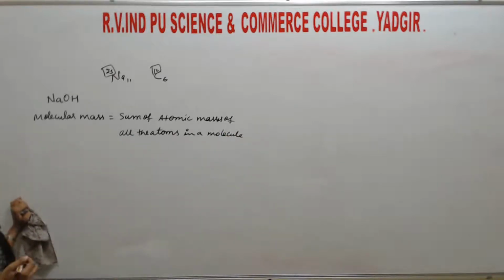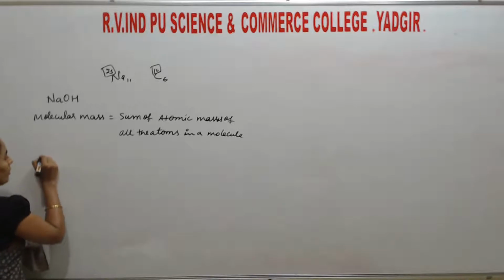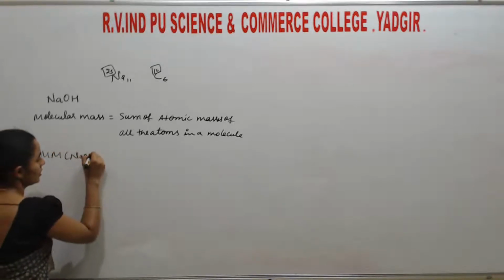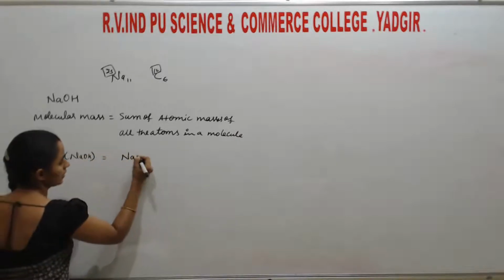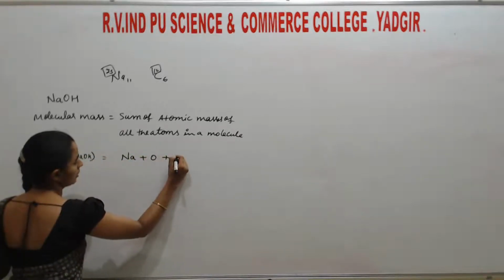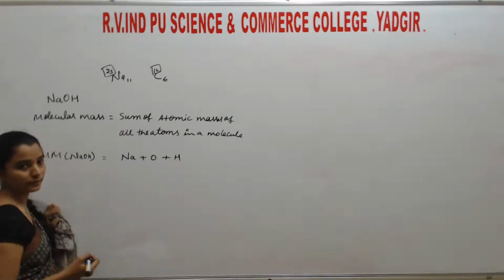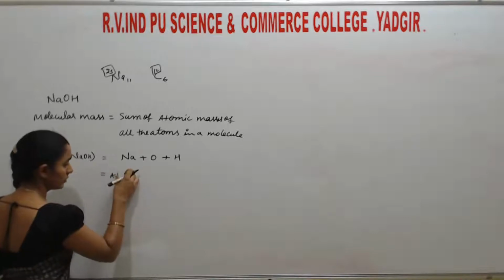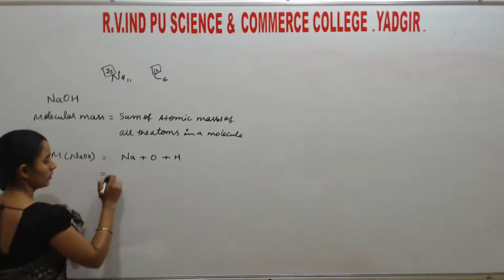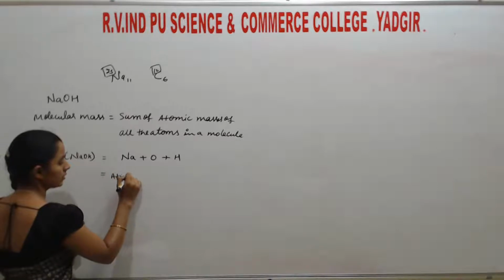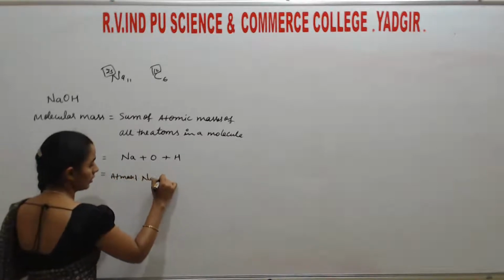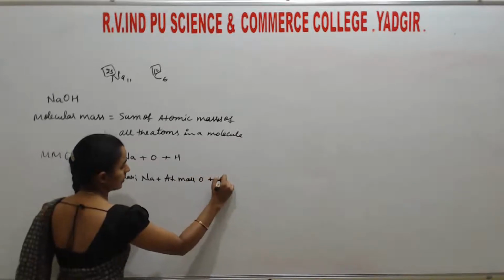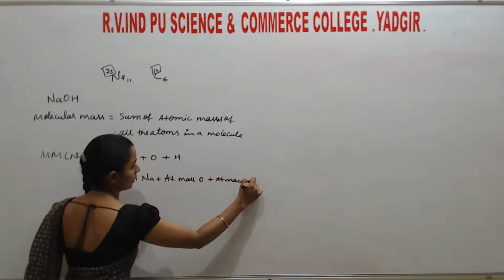Molecular mass, I said, means that of a molecule. So here molecular mass of NaOH: Na is there, oxygen is there, hydrogen is there. So it is the atomic mass of Na plus atomic mass of oxygen plus atomic mass of hydrogen.